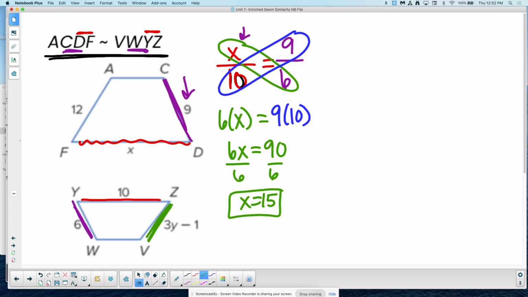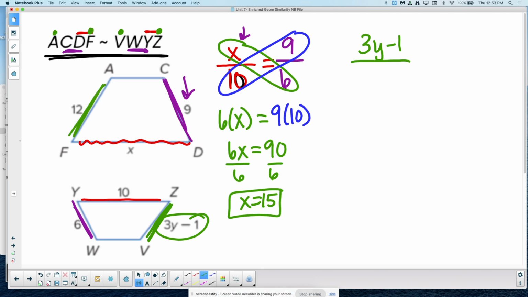Perfect. Okay, let's try that again now with y. So I like to start with my variable because that just makes the most sense to my brain. So I'm going to have 3y minus 1 over VZ, my first and last two letters, match AF, so that's 12.